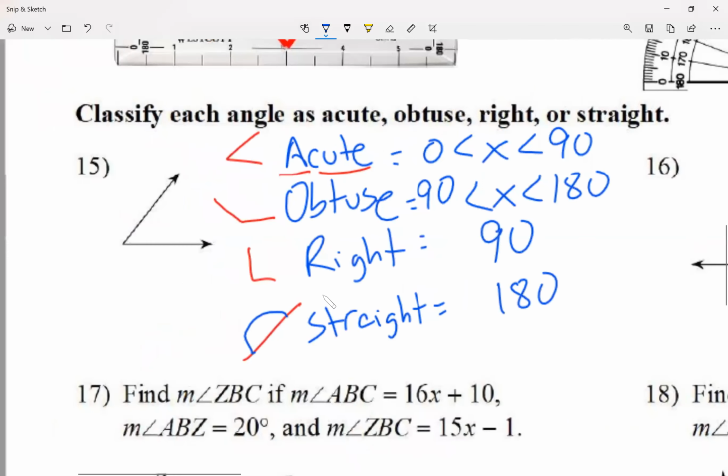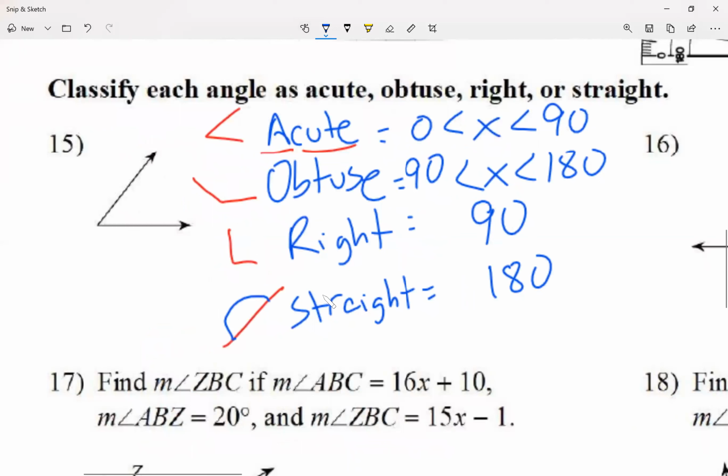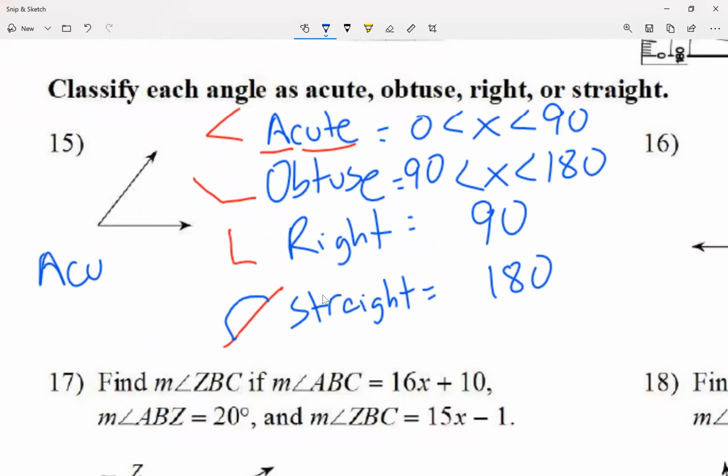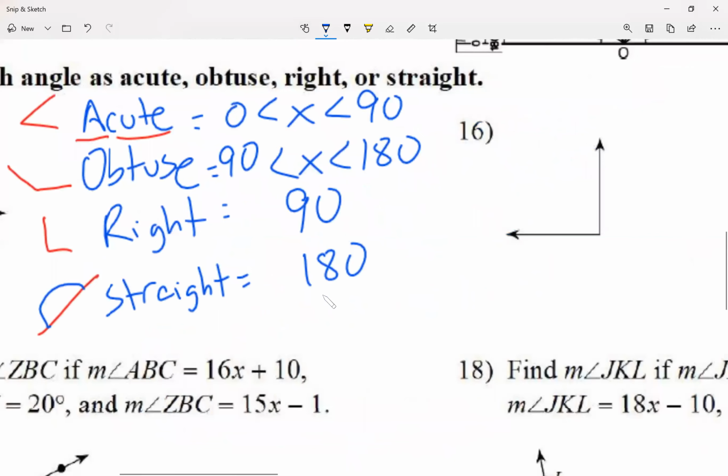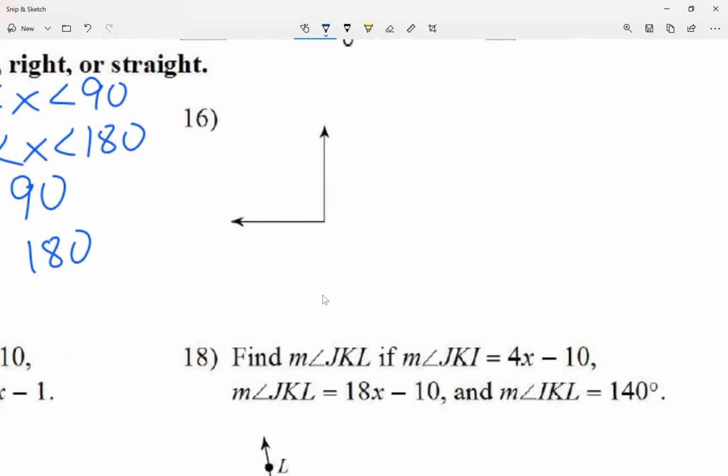So now here, I'm going to classify each angle as acute, obtuse, right, or straight. 15, that looks less than an L shape. So I'm going to call this acute. Let's take a look at number 16. Looks like an L shape.